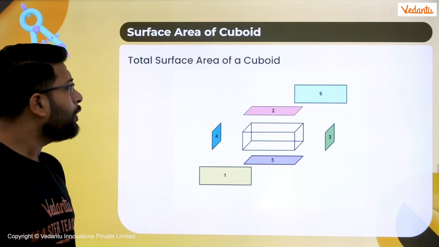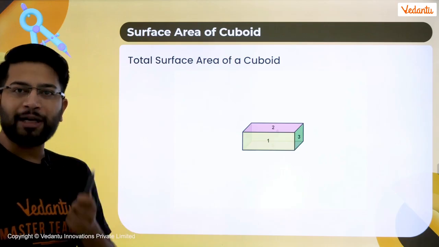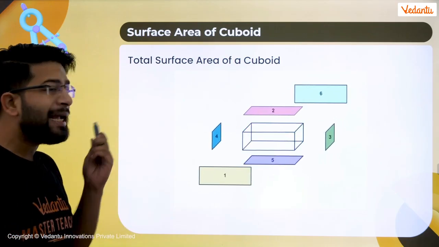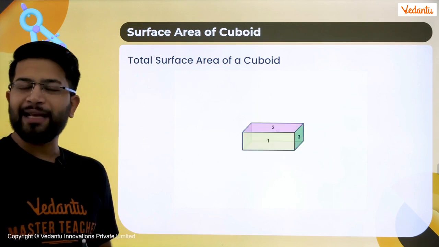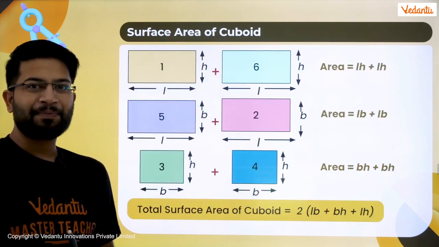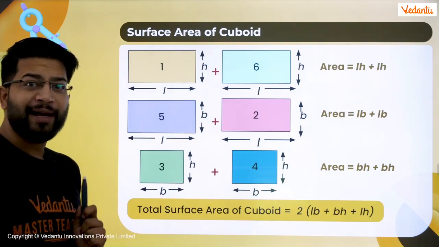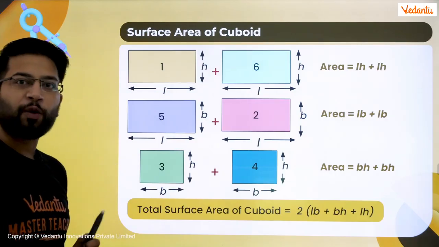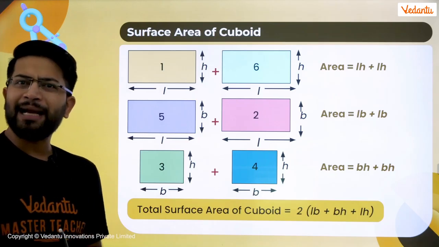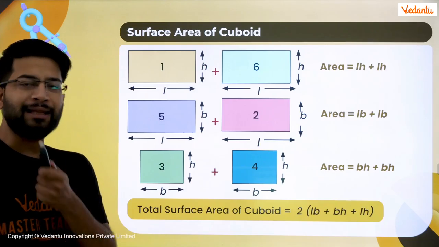So champ, we know that the cuboid is a 6-face geometry, right? In the cuboid we have a total of 6 faces, and each face of the cuboid is nothing but a rectangle, right? So we can see over here that each face of the cuboid is a rectangle of different dimension, and we know how to find the area of a rectangle: simply length into width.